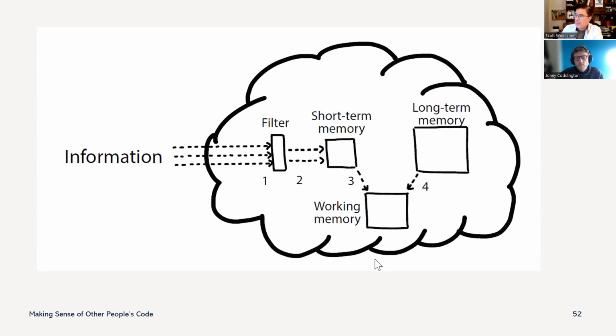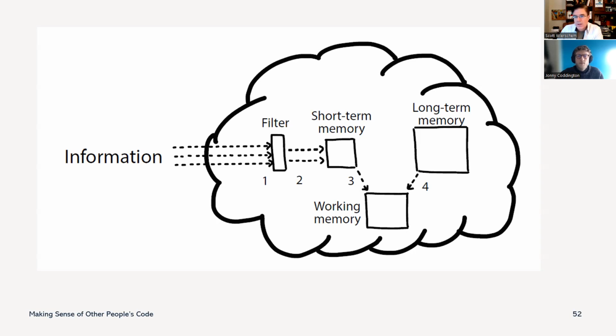Okay, so we have our short-term memory, and this helps us remember information by sending it to working memory. We associate it with the long-term memory. And the working memory is used for processing that information.